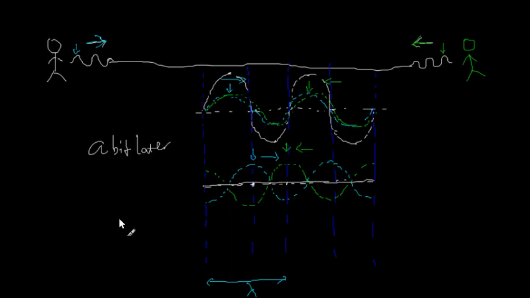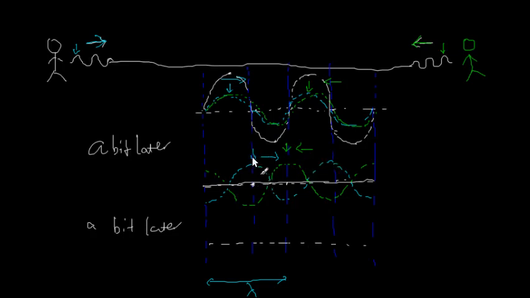Okay, and a bit later again, let's see what happens. Let's try to follow that peak of each wave again. So I have this blue curve still going to the right.